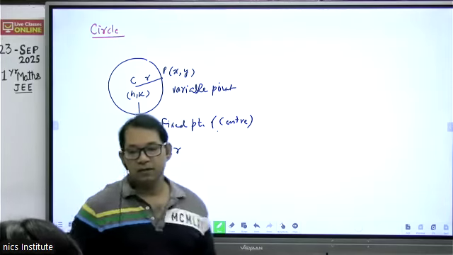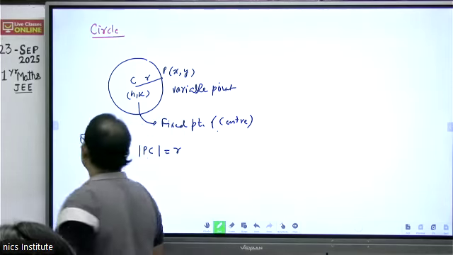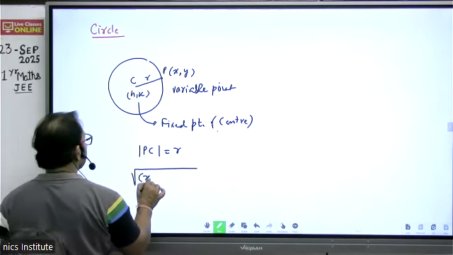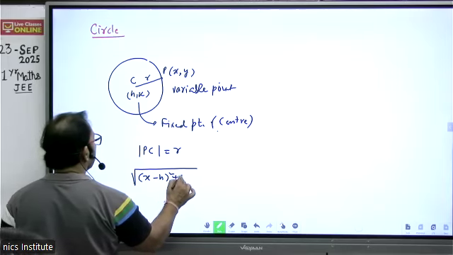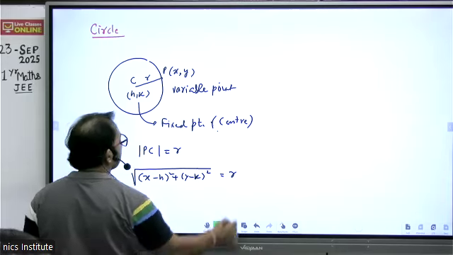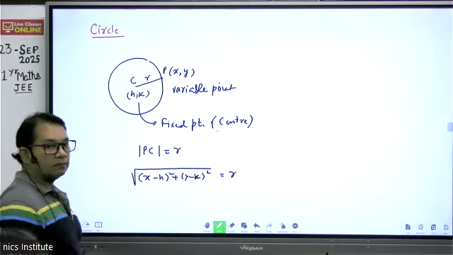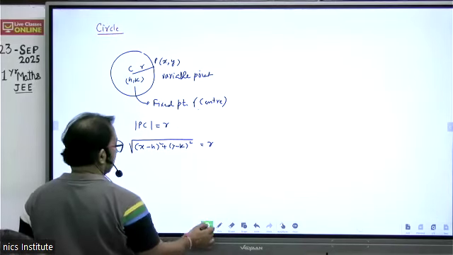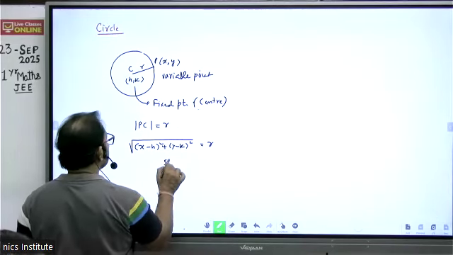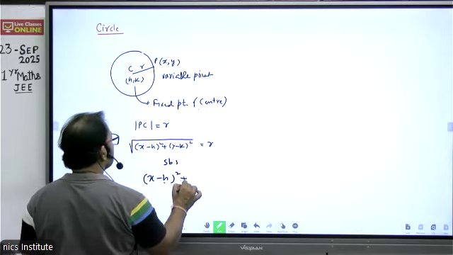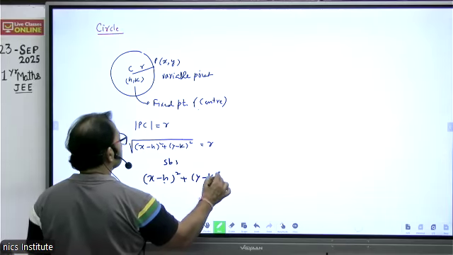Distance PC is a constant which is equal to r. Distance PC would be square root of x minus h whole square plus y minus k whole square equals r. And if I square both the sides, it is the standard equation of a circle.